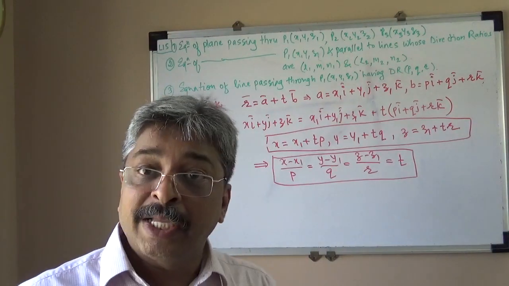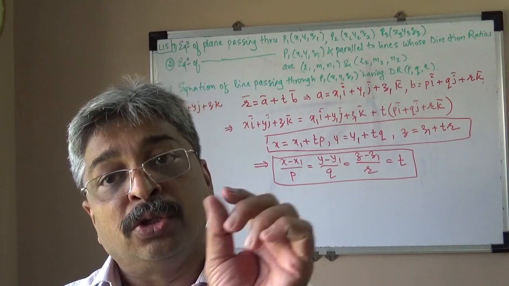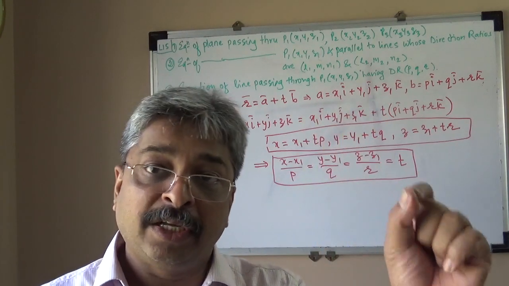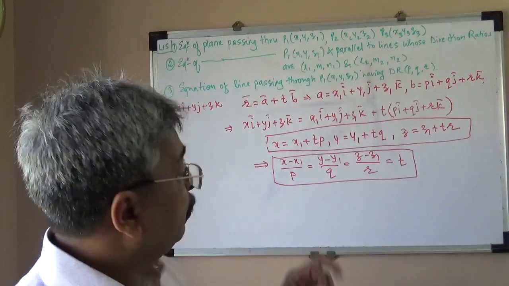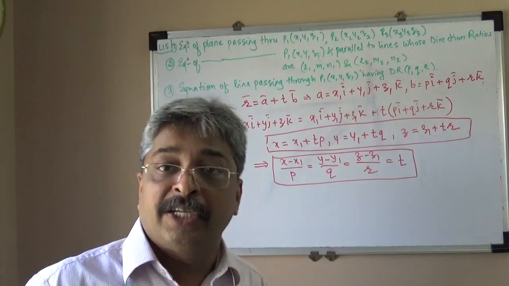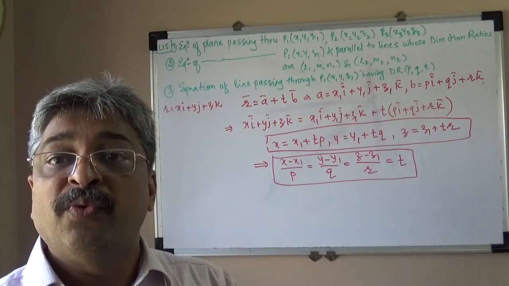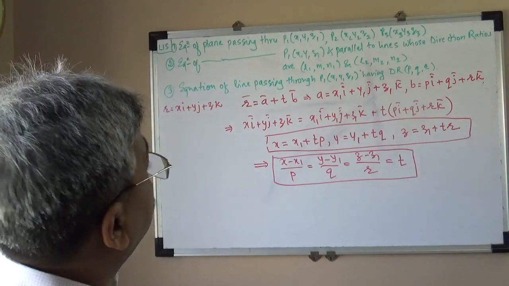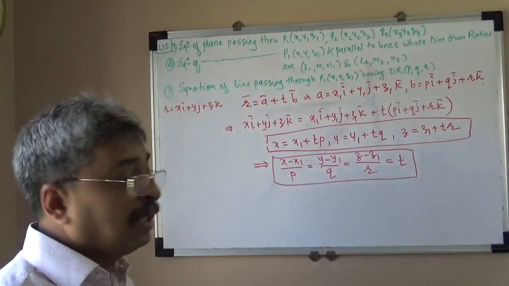The way I have said, ax plus by plus cz plus d is equal to 0, those a, b and c are the direction ratios of the vector which is perpendicular to the plane that we are talking about. p, q, r, the denominators here, are the direction ratios of the vector which is parallel, in line with the required line. So we are done with the equation of straight line.